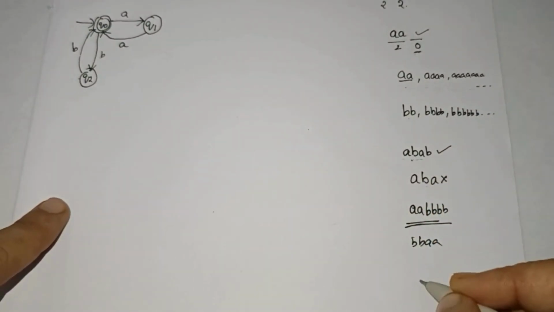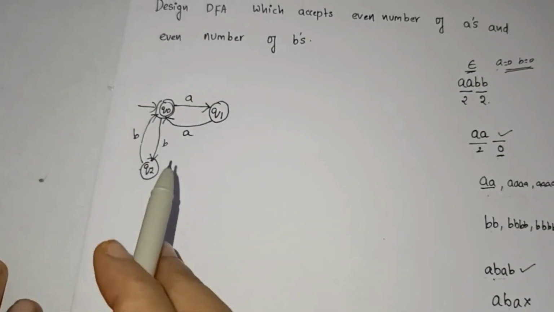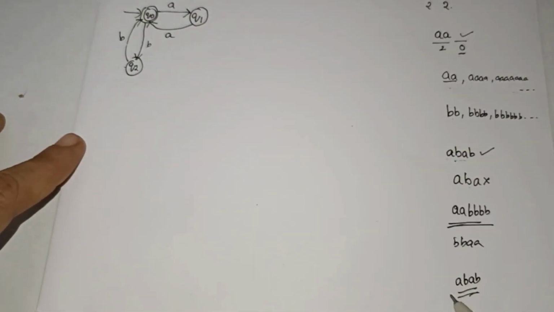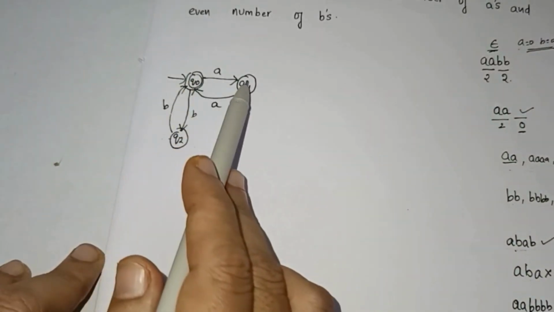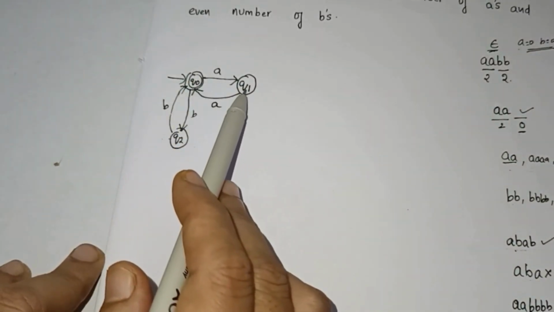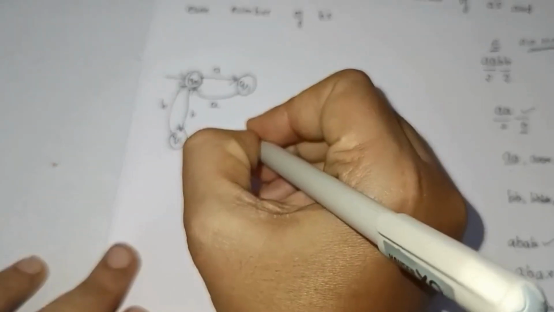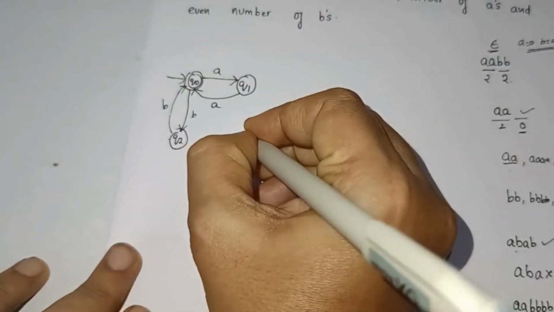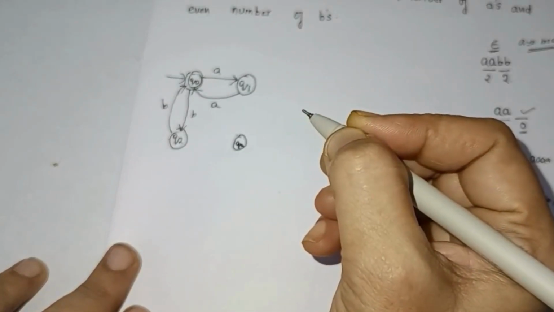Means suppose if I have AB, this should be accepted. If I take AB, it is an even number only. 2 A's are there, 2 B's are there. So it should be accepted. A, there is no B here. So we should make a transition so that after A, it goes to B. So take one state, that is Q3.